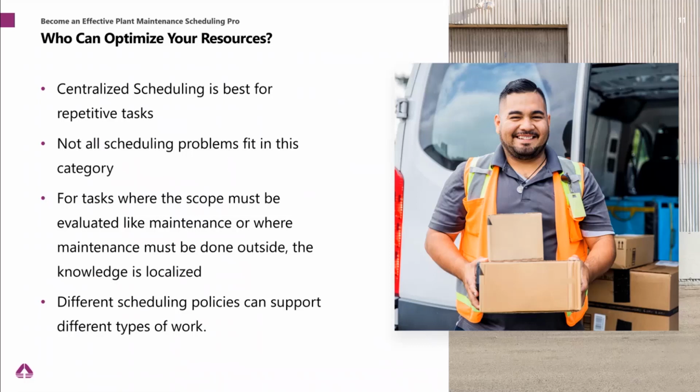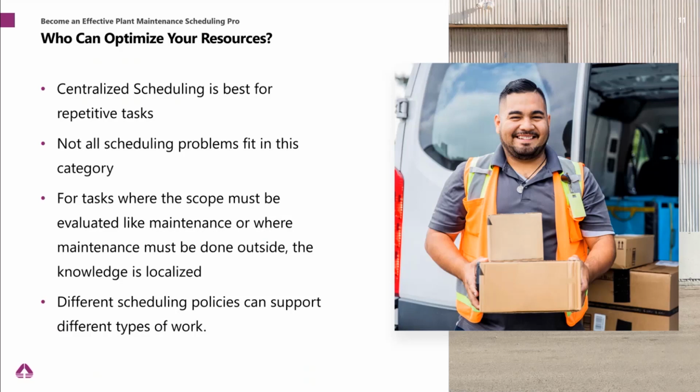So for something where there's not much variation between the tasks, it's a very set task, that could be a good candidate for much more centralized scheduling, because that's where most of the knowledge is about optimizing your resources. But not all scheduling problems fit into this category.